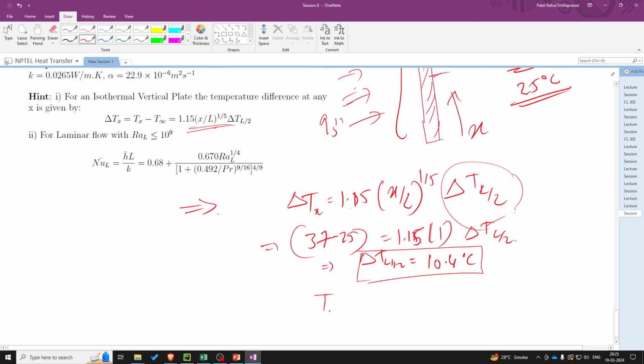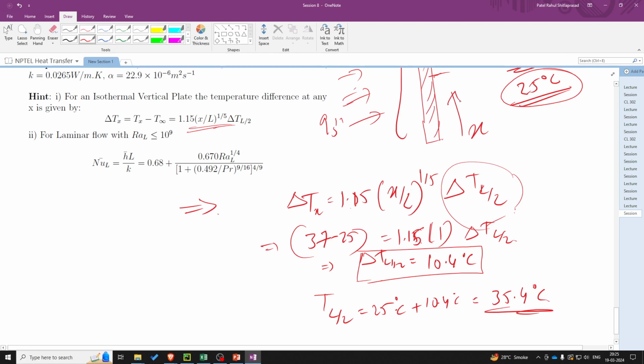Or you can also write the temperature at L by 2 will be this 25 degrees Celsius plus 10.4 degrees Celsius. So this will come around 34.4 degrees Celsius. So we have found the temperature at this midpoint.